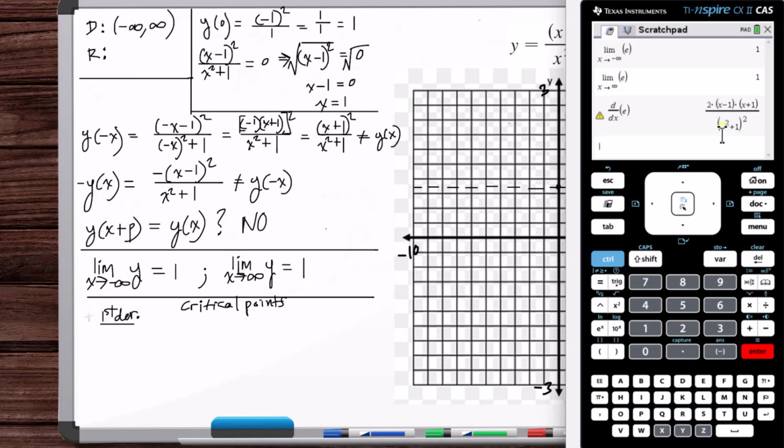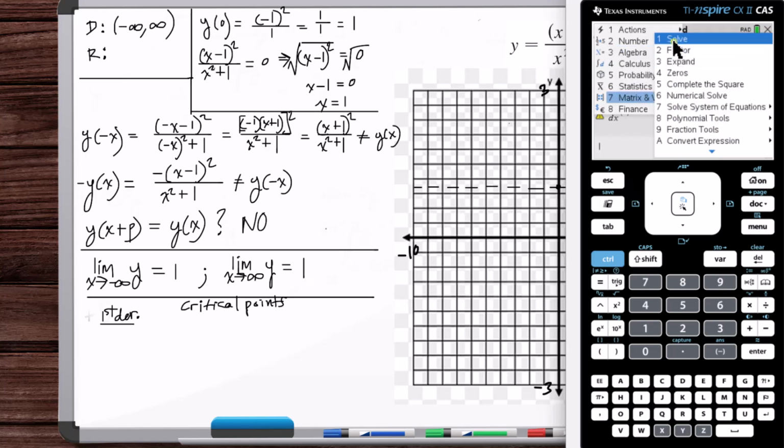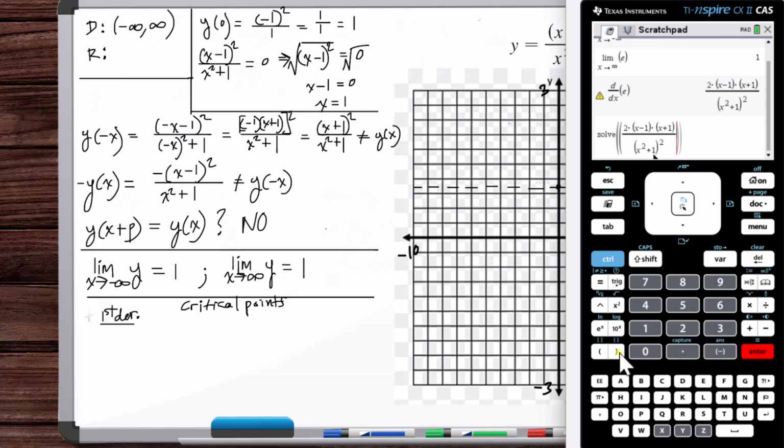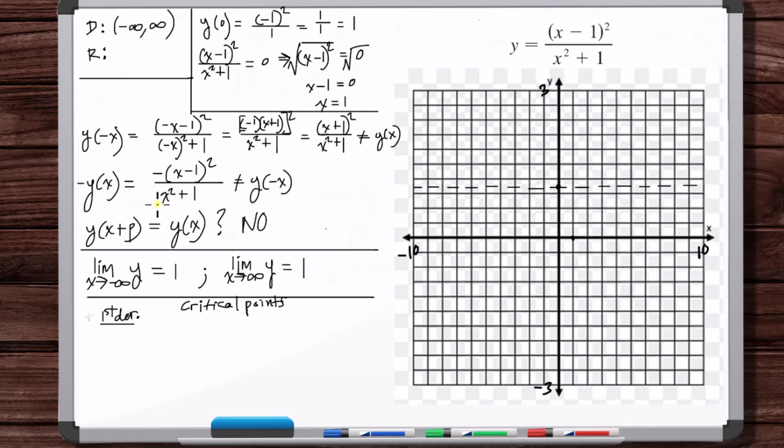No. Can't have any x that makes the denominator 0. So now let's solve for when this is equal to 0. x is equal to minus 1 or x is equal to 1.